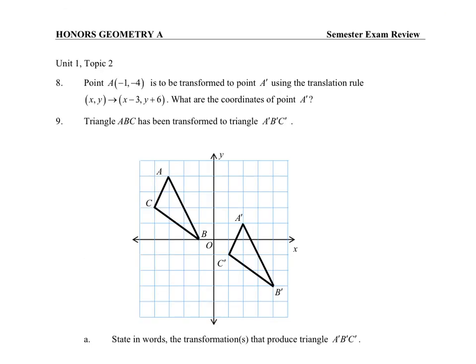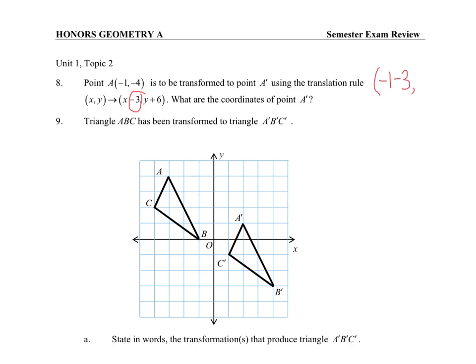For question 8, point A, (-1, -4), is to be transformed to point A prime using the translation rule (x, y) corresponds to (x - 3, y + 6). What are the coordinates of point A prime? Well, when we take our x value, which is -1, we're going to be taking 3 away from it, as we see from this part.